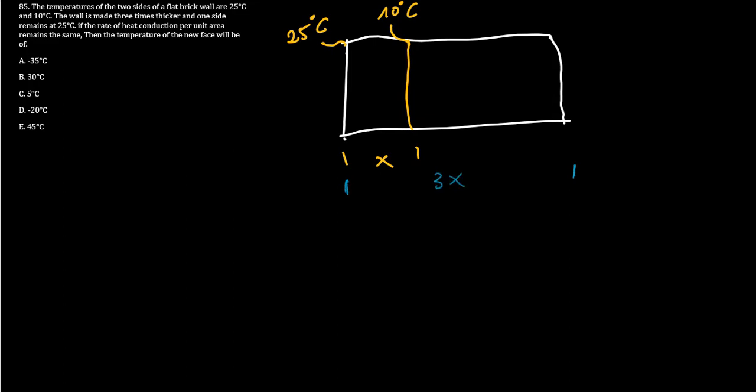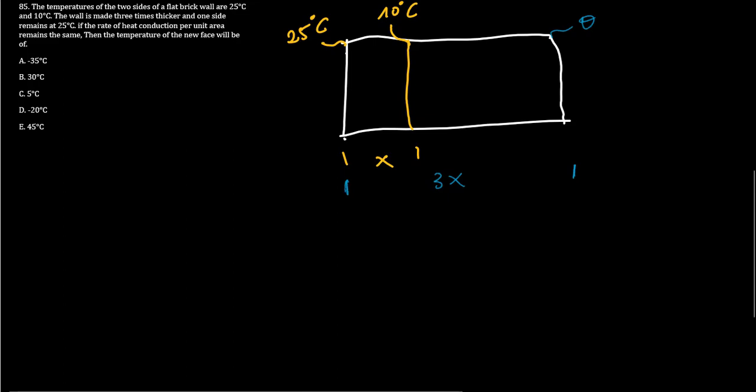And so the outer temperature is, let's call it theta. That's what we are looking for, the temperature of this new surface, theta. And so the information that was given, they said the rate of heat conduction per unit area is the same. And since it is the same material, it simplifies the problem.